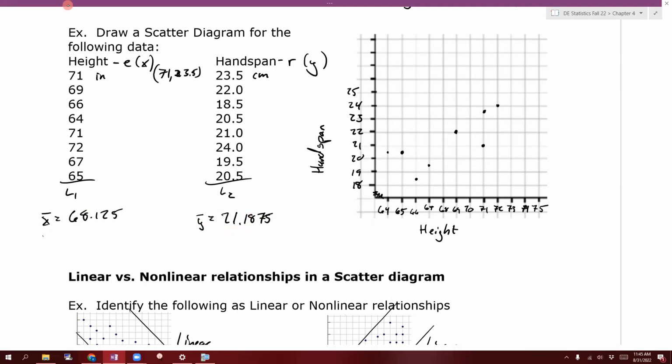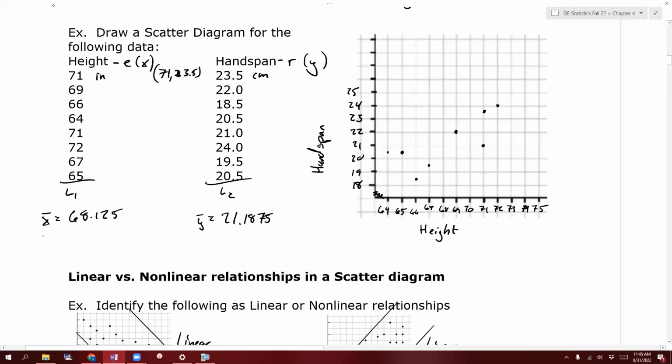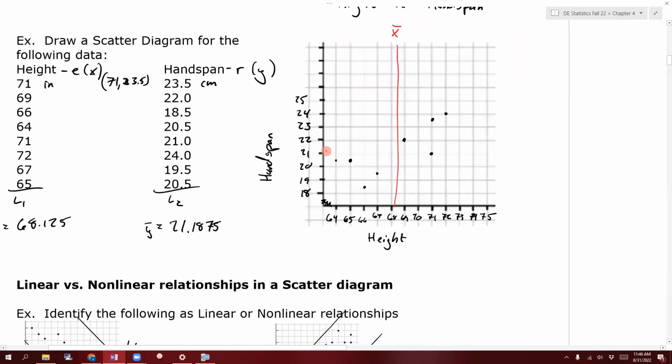So if I draw those on my graph, so my average, that's roughly x bar, and then y bar is somewhere around there. Now you can see which quadrants most of our points fall into. And by looking at that, it also gives us a good idea of whether or not we're going to have a positive or negative association.